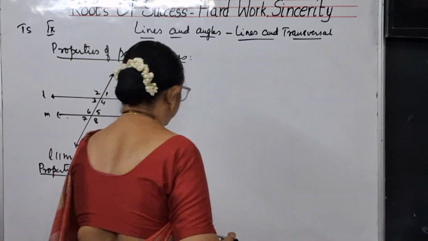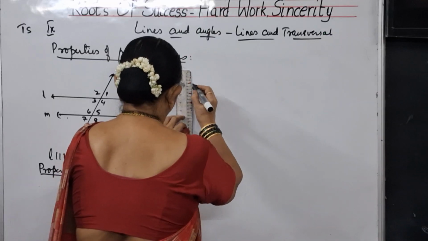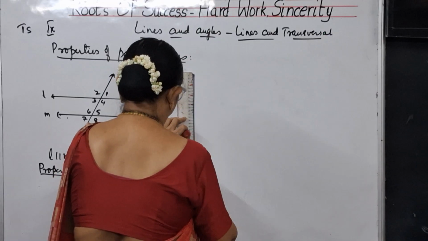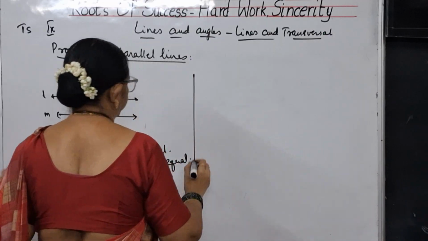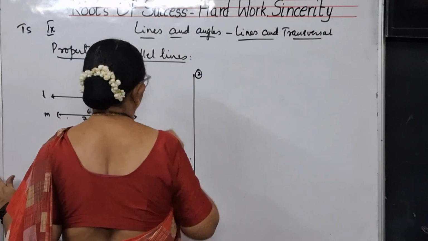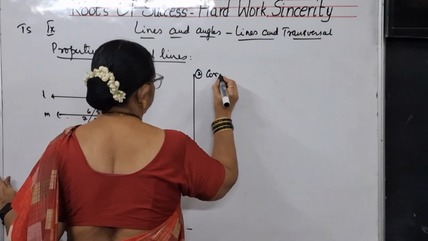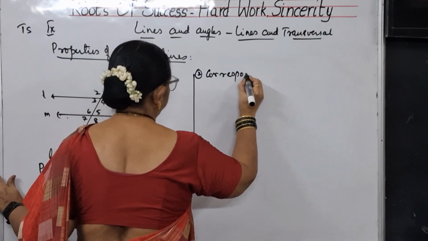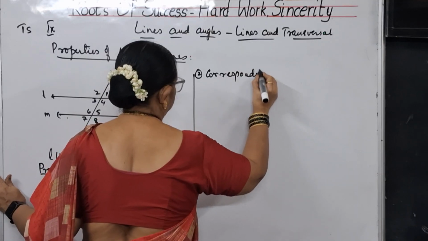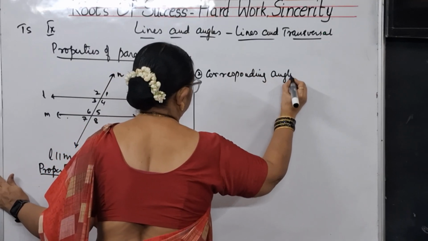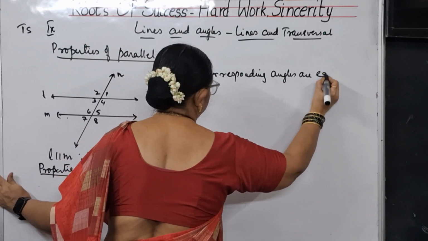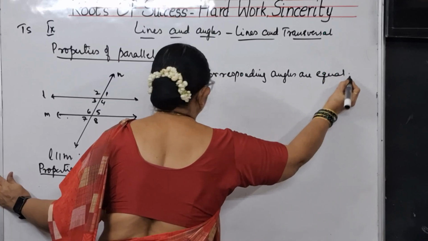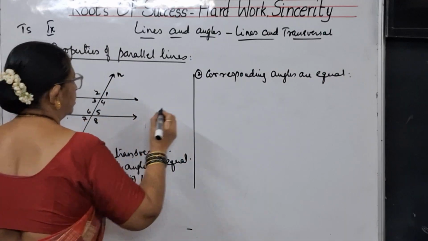Now let me talk about rule 2. Rule 2 is corresponding angles are equal. So what are corresponding angles here?